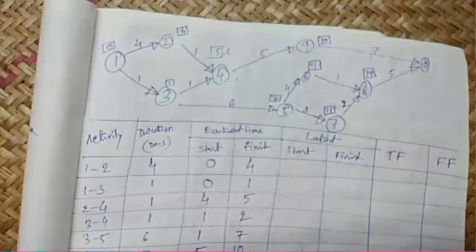Before 12 days, we cannot finish it. We can finish it after 12 days also. We may take 13 days, 14 days, 15 days, but not more than 17 days. So this 17 minus 12 will be the total float. This 5 days we can delay for this particular activity without affecting the total project duration.